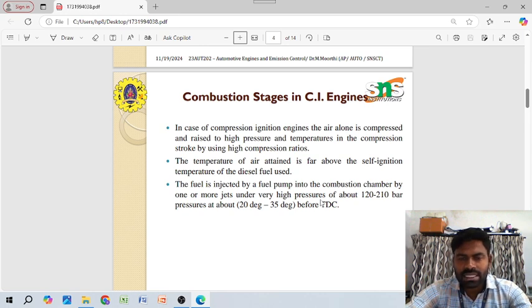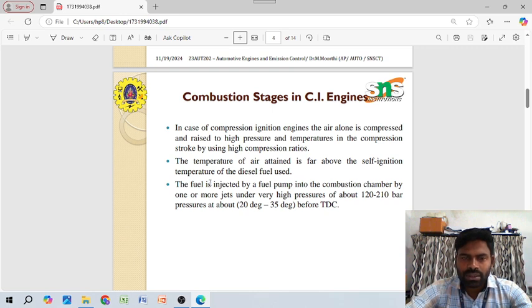Now let us see the stages in the CI engine. In compression ignition engines, air alone is compressed and raised to high pressure and temperature in the compression stroke by using high compression ratios. The temperature of the air attained is far above the self ignition temperature of the diesel fuel.